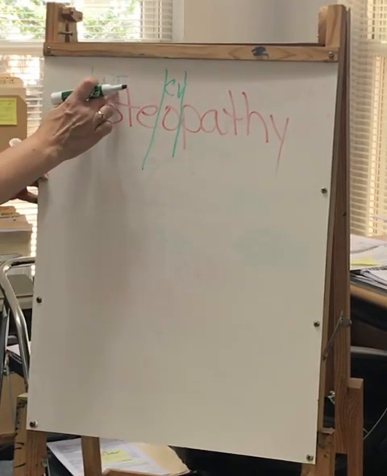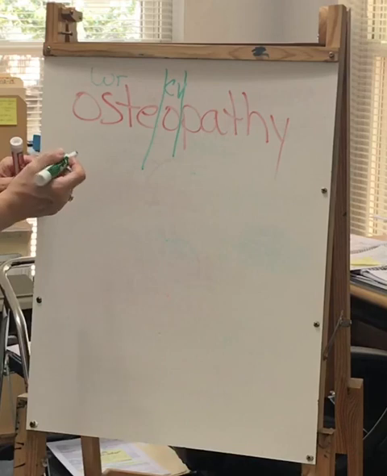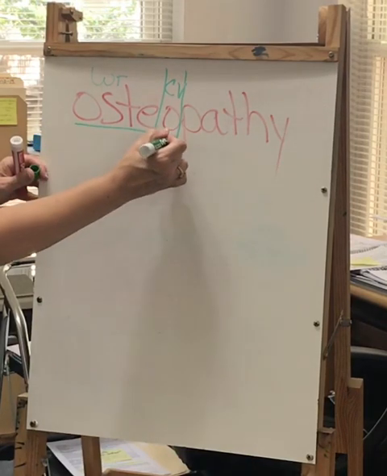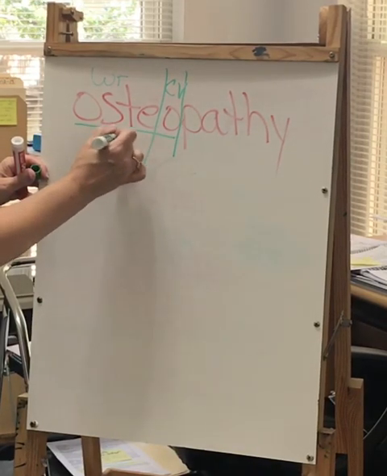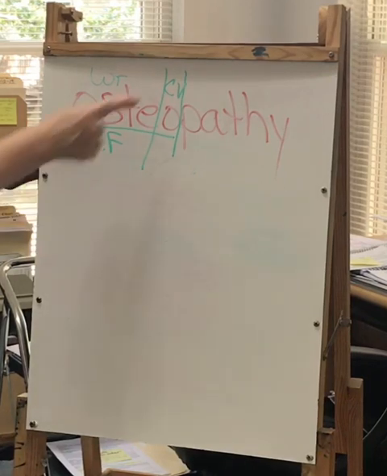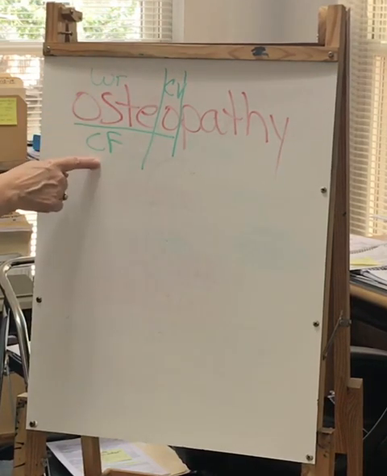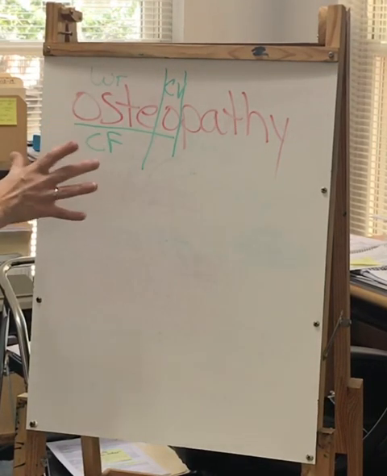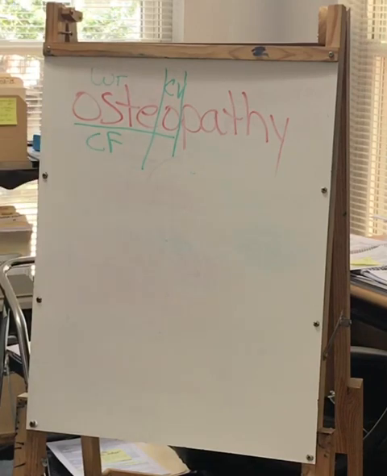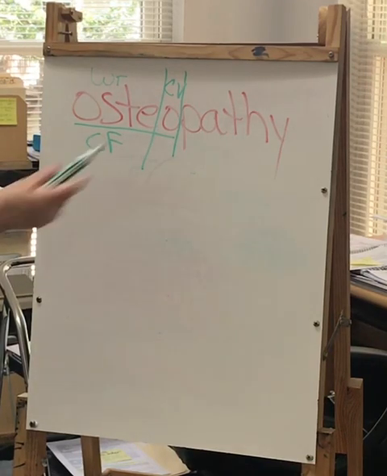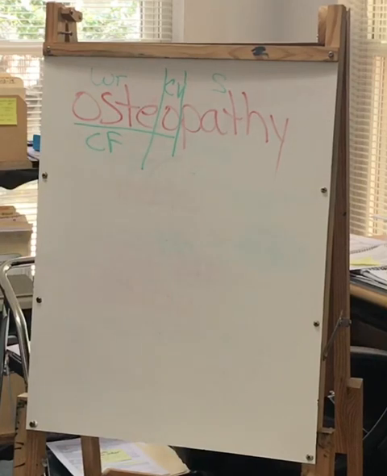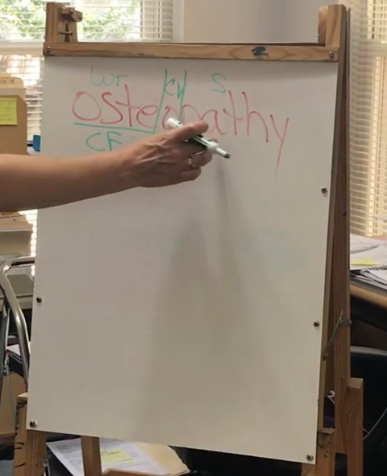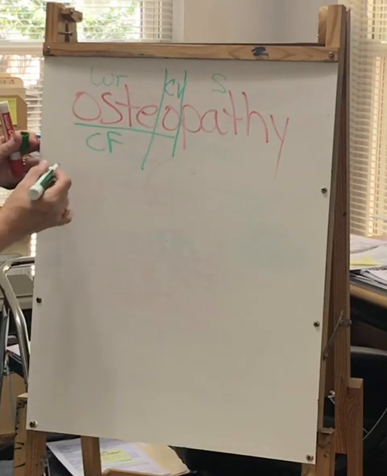And whenever you have a word root and the combining vowel, you're going to underline it and say you have a combining form. Combining vowel equals combining form. If you don't have a combining vowel, you don't have a combining form. Label pathy with your S. And then when you go to define it, you start with the suffix. Pathy is disease.